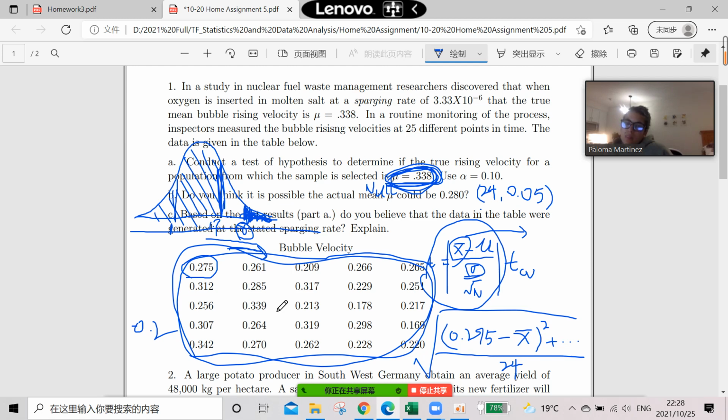It's very impossible to get a number which is more than 3 standard deviations from the mean. I think you have some intuition about that. And when you know the confidence interval from next lecture, you can just use one formula to calculate if that mu could be another number, given that we have already tested one number. But yes, in this homework, you should just plug in 0.28 as your new tested null hypothesis and redo part A, basically.